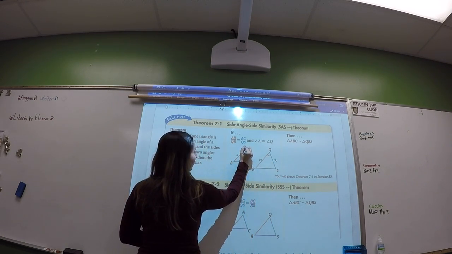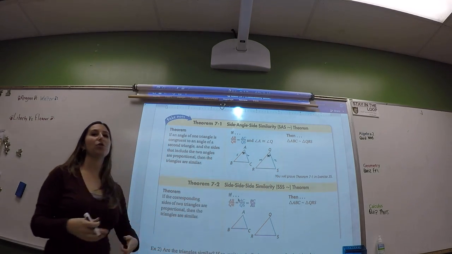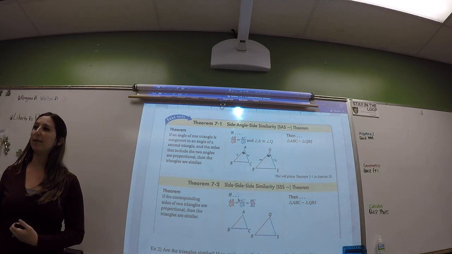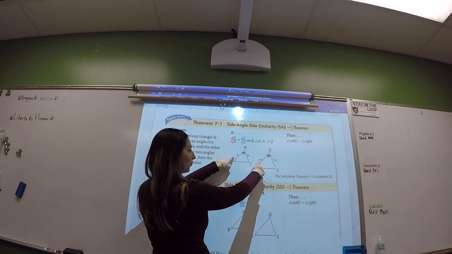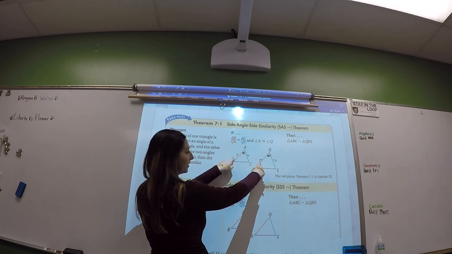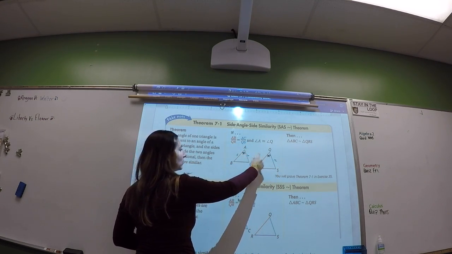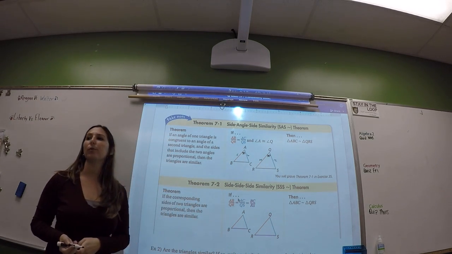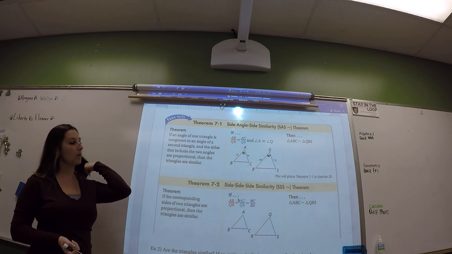And then maybe this angle is like 30 degrees and this angle is 30 degrees. So that would mean that the triangles are similar by side, angle, side. Because you have the same ratio here. See how this one's double this one and this one's double this one. So same proportion. And then the two included angles are going to be congruent. So that's your side, angle, side similarity.